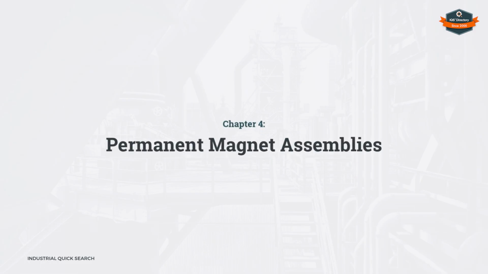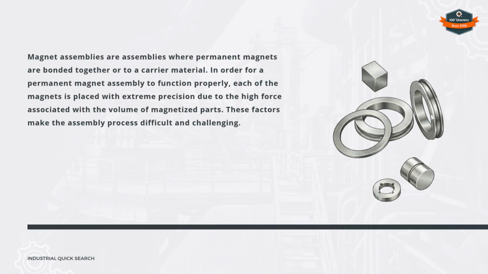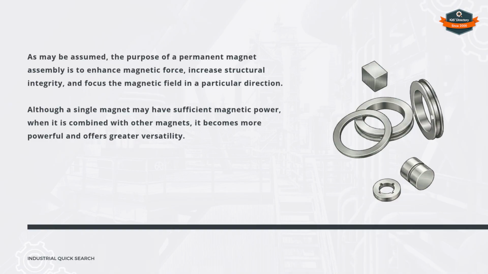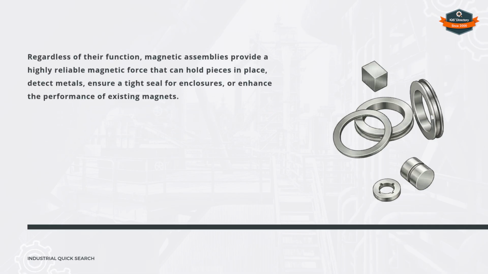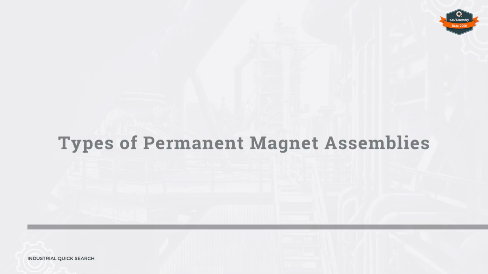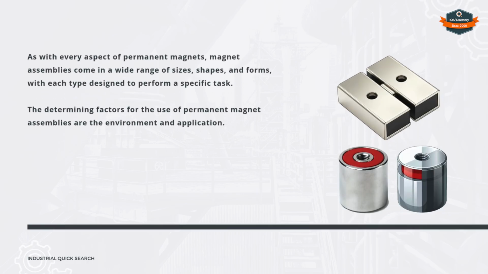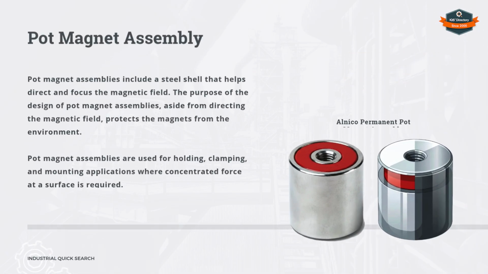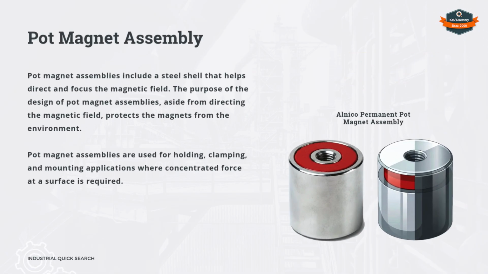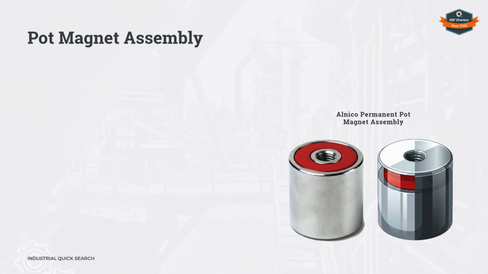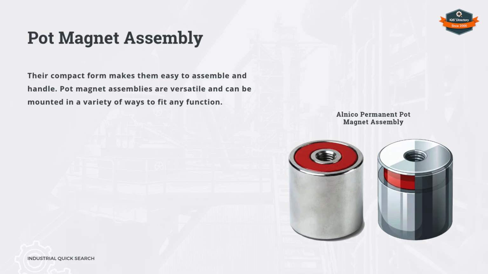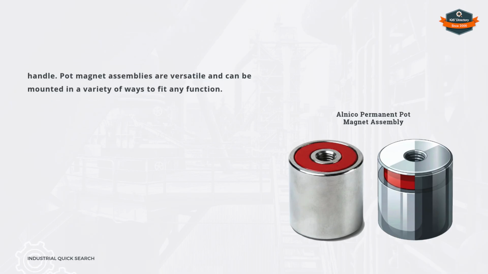Chapter 4, Permanent Magnet Assemblies. Types of permanent magnet assemblies. Hot magnet assembly. Magnet hooks.